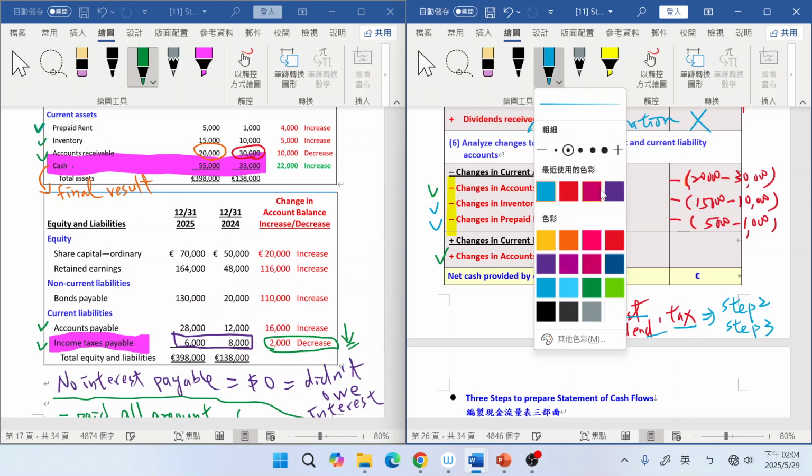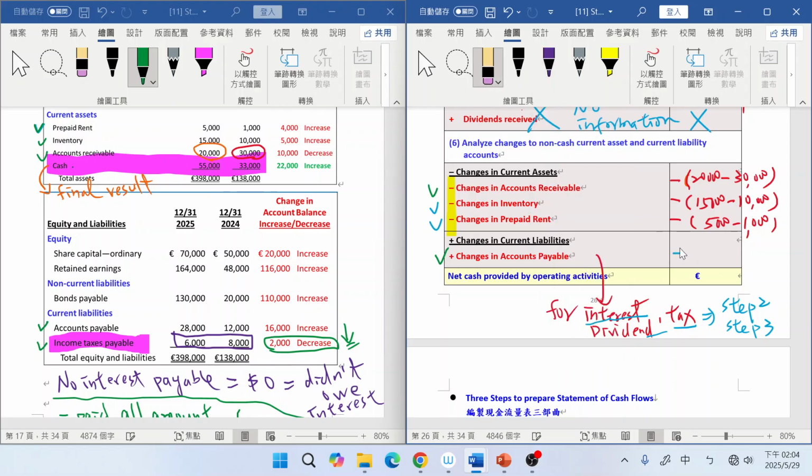So for accounts payable, PERS, don't forget, our formula is PERS. So we use PERS. PERS what? Ending minus beginning, right? So what's the ending? $6,000. What's the beginning? $8,000.